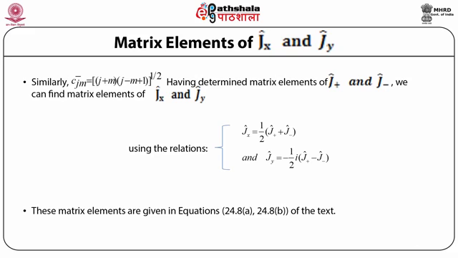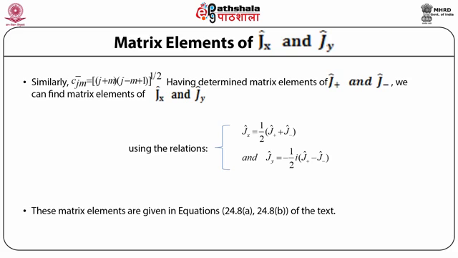Now, having determined the matrix elements of the operators J plus and J minus, we can find the matrix elements of the components of the angular momentum operator J, that is the operators Jx and Jy. Using the relation between Jx and the operators J plus and J minus, we see that the operator Jx, or the x component of the angular momentum operator, is equal to half times (J plus plus J minus).